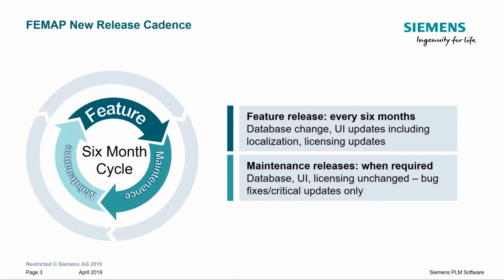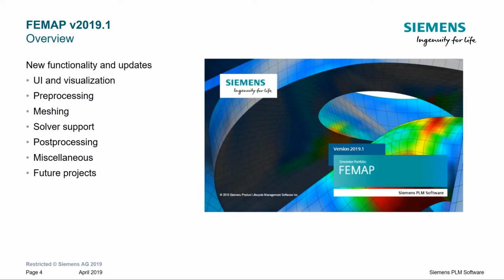So we're now going to do a new feature release every 6 months, and there'll probably be one maintenance release about 3 months after that release. So again, V20.1 will be released the end of October. I'm not going to talk about any details on what's going on in there, but I want to concentrate on 2019.1.